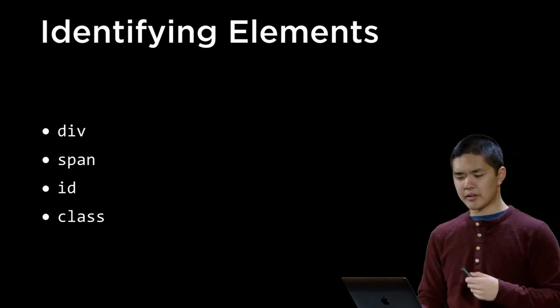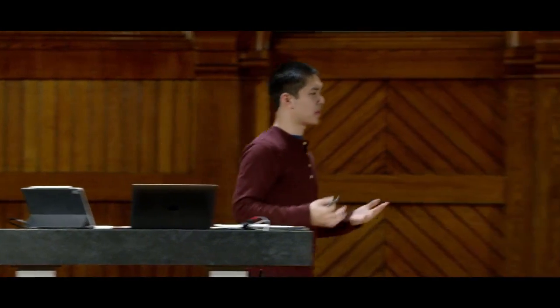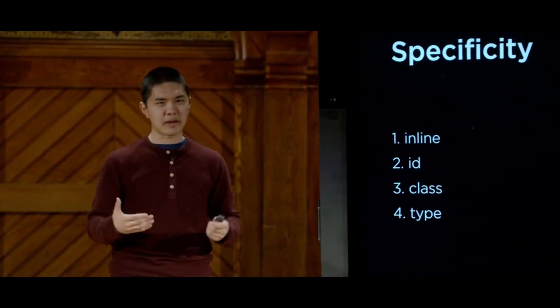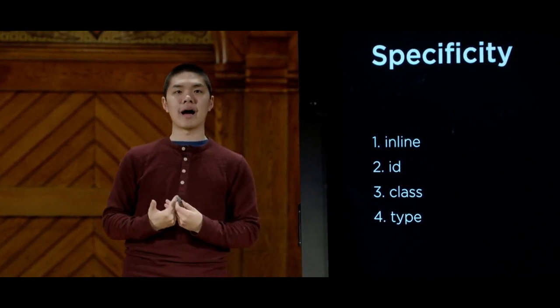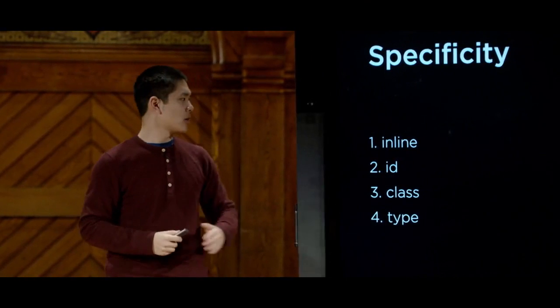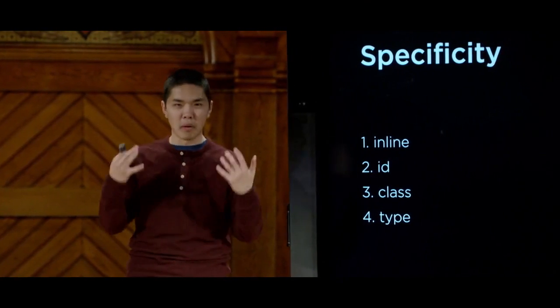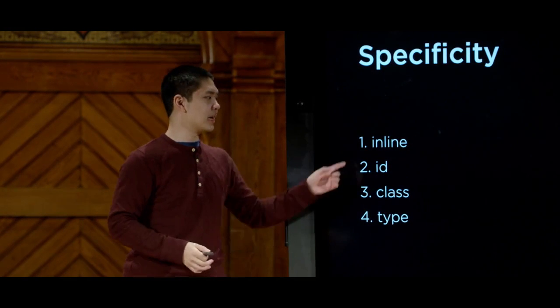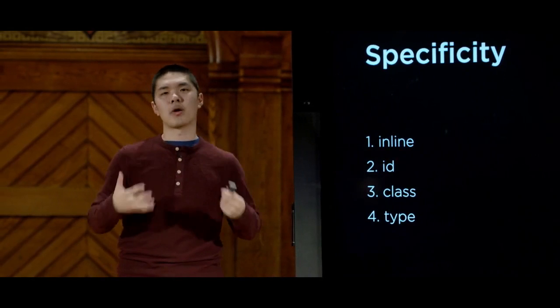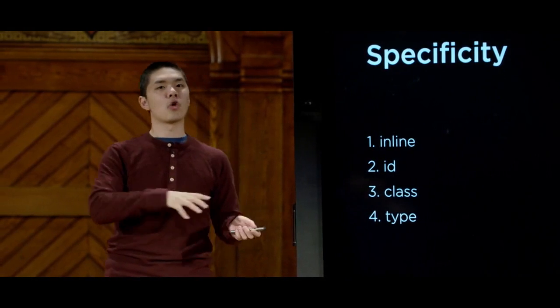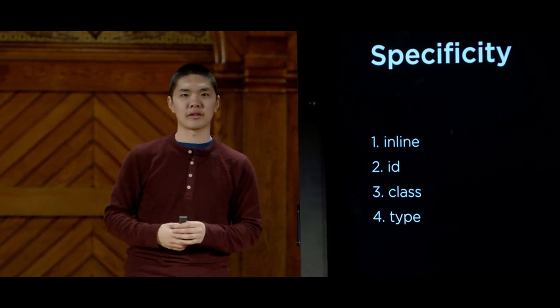And this often happens when we start to add IDs and classes to our elements as well. So when we deal with specificity, there's an order of precedence that we can follow for determining what style should ultimately be applied to any particular element. The first, most powerful, most specific way of referencing an element is inline styling, literally adding a style equals attribute to our HTML elements, the way we did way at the beginning when we were first taking a look at CSS.